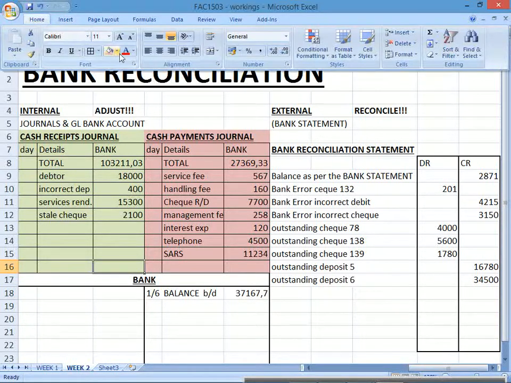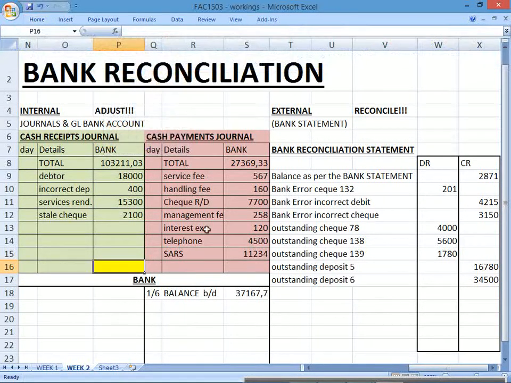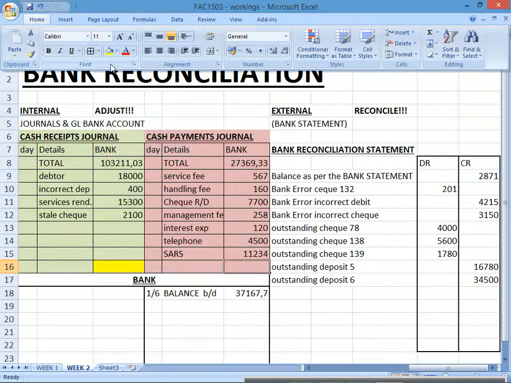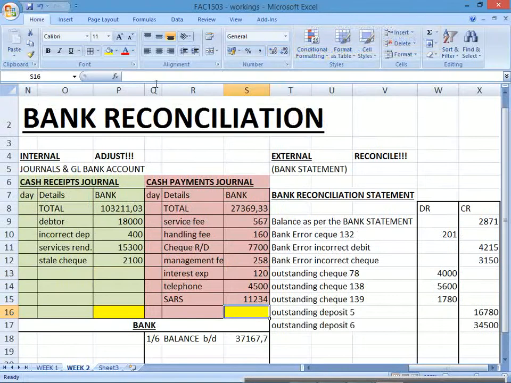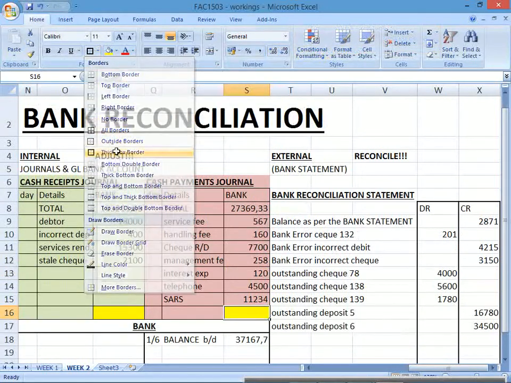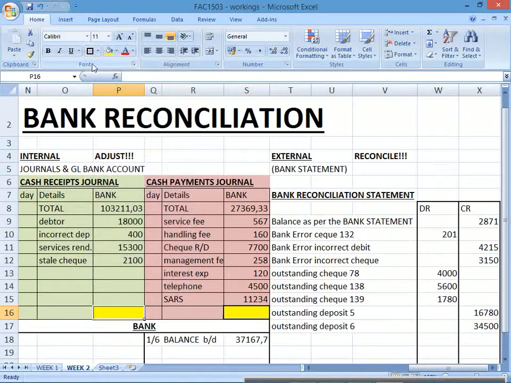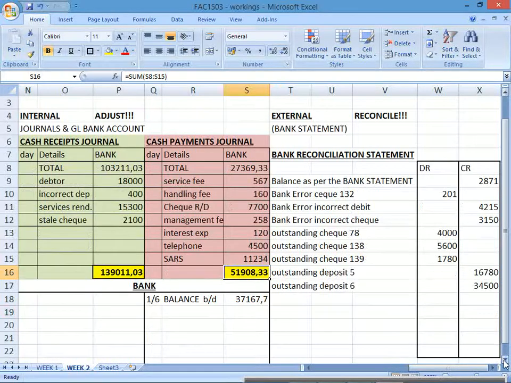Okay, so this requires a calculator. I'll add it for you. You need to add up that, and you need to add up this. Okay, there's the total for the receipts. There's the total for the payments. Earlier on today, we spoke about the receipts and the payments affecting the bank T account.